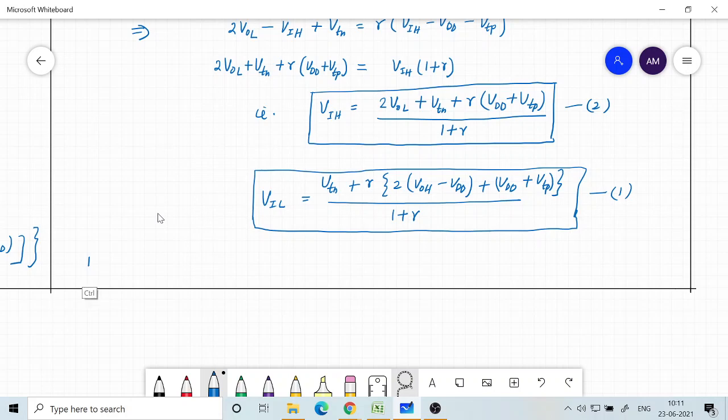So 2 minus 1. What will we get? The LHS becomes VIH minus VIL. On the RHS, there is going to be some cancellation. As you can see, there is R into VDD plus VTP here, and here also R into VDD plus VTP, and there is a VTN also. So those terms will be cancelled.